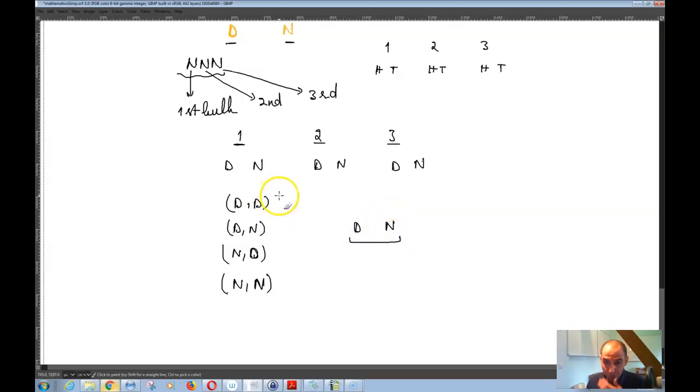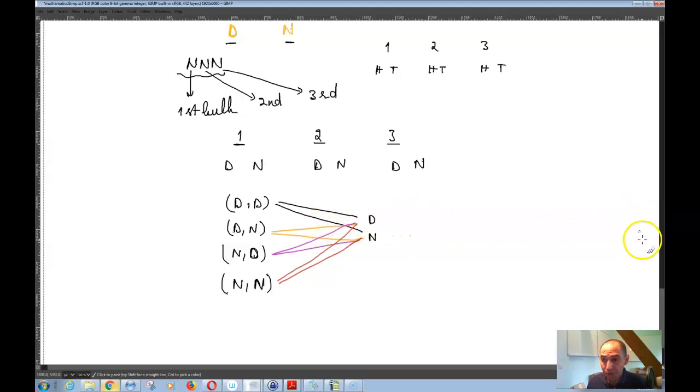So now you need to take each of these choices with either D or N. So this goes with D or N, and then this goes with again D or N. The other one goes with again D or N, and the other one goes with again D or N. And that's basically how you solve this problem.